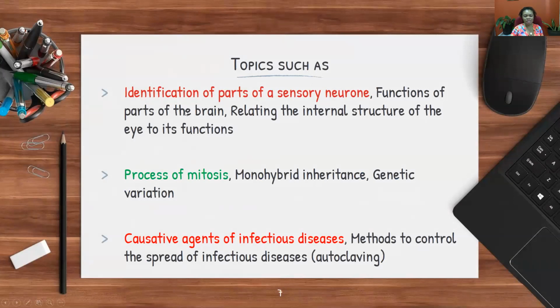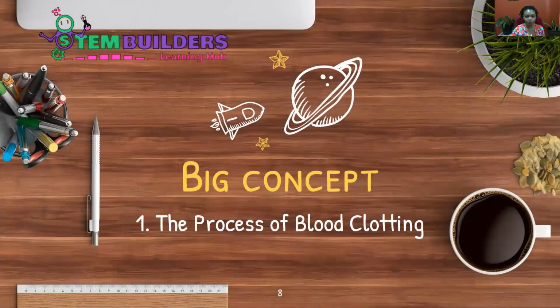So those are some topics that students find challenging, along with identification of the parts of the sensory neuron, process of mitosis, including monohybrid inheritance, genetic variation, causative agents of infectious diseases, methods of control of the spread of infectious diseases. So big concept number one, the process of blood clotting.